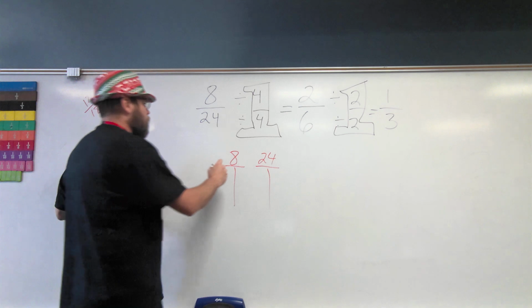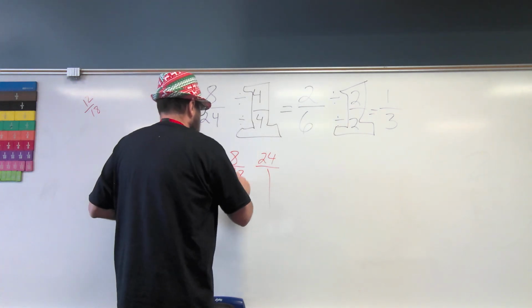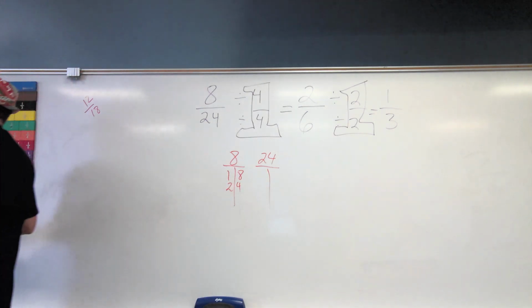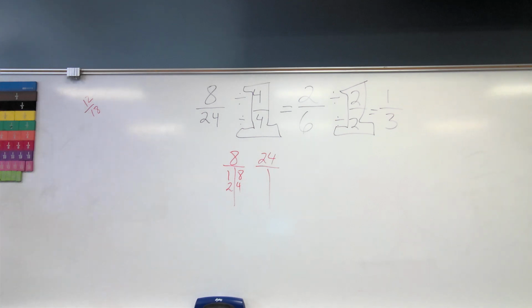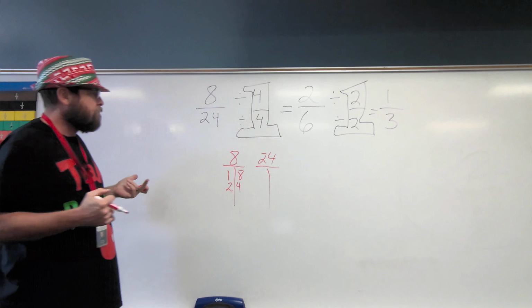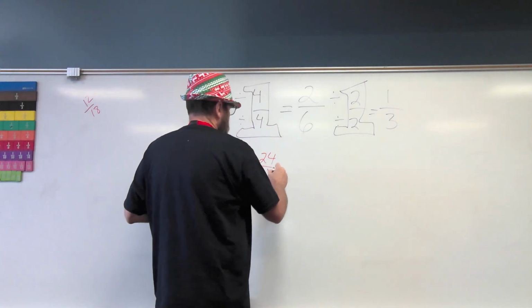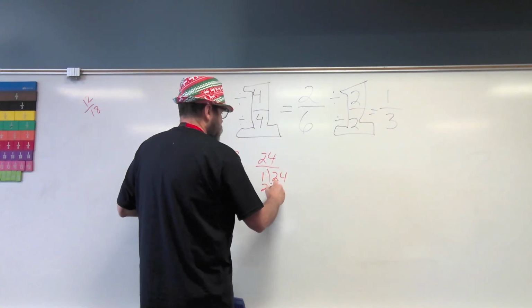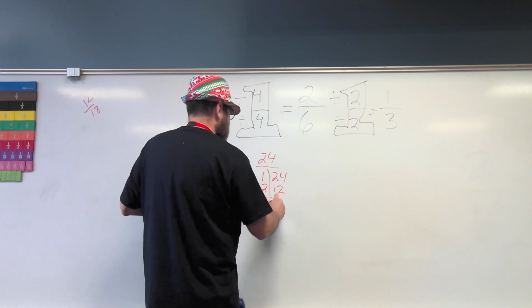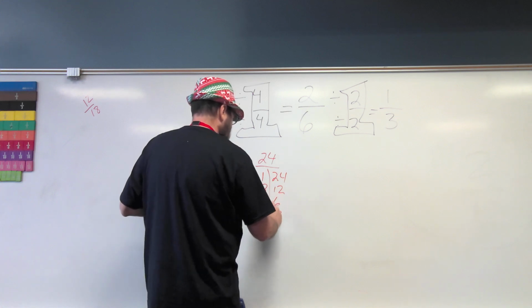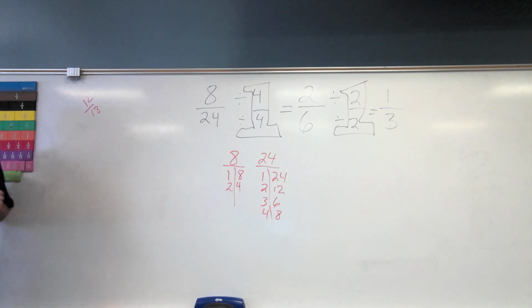And we always start with 1 and itself. And 1 times 8 and 2 times 4 are the only ways I know to get 8. So 1, 2, 4, and 8 are my factors of 8. 24, we start with 1 and 24, 2 and 12, 3 and 8... 3 and 8, 4 and 6. So those are all my factors of 24.